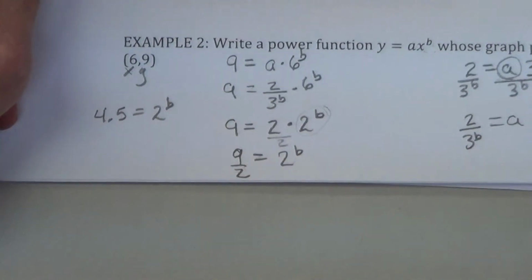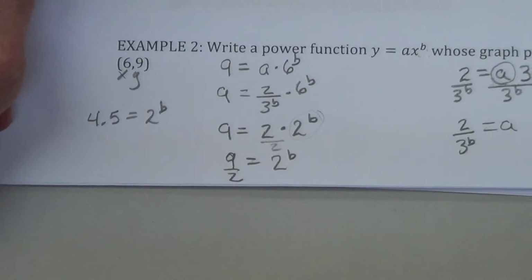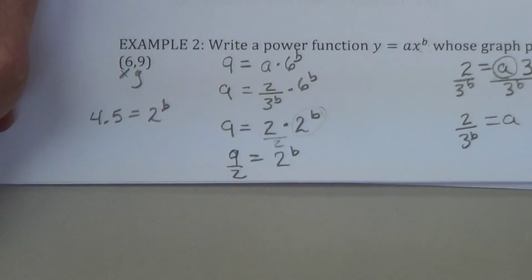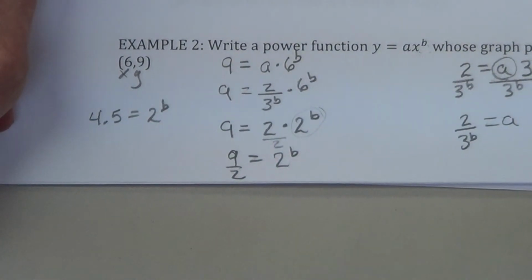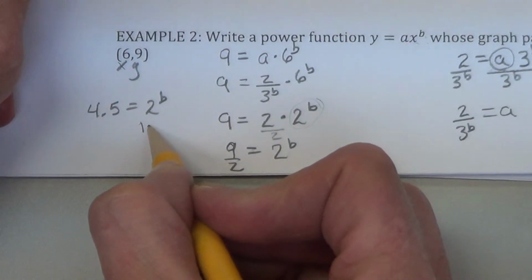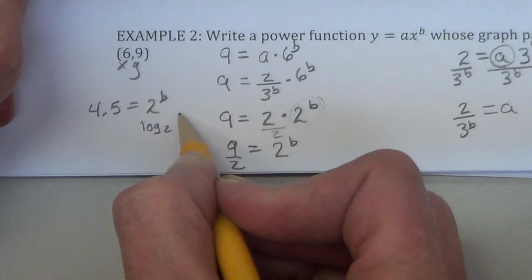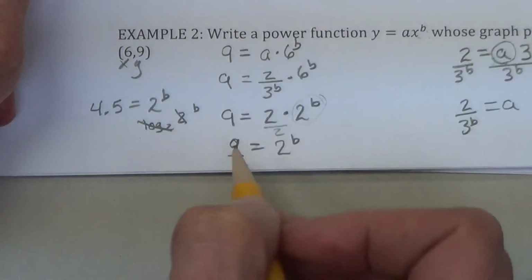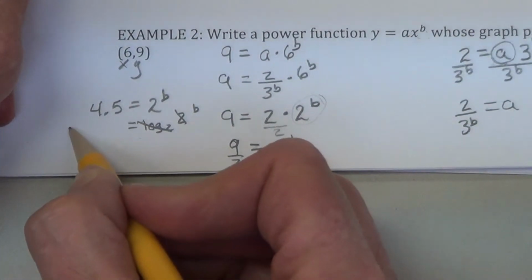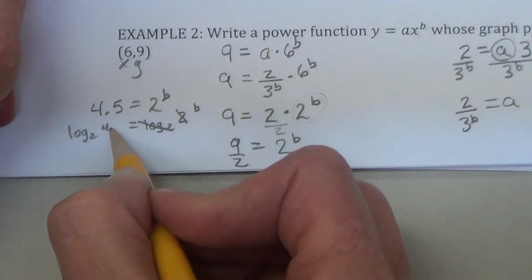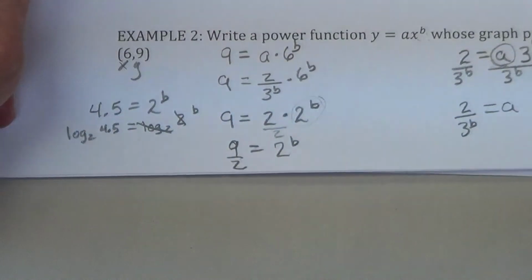We sit there and we kind of say, well, how can we get rid of that 2 to the b, or get rid of that 2 at least on the 2 to the b? Brings back our logs. We have log 2, then we could get rid of the 2. Couldn't we? Equals log 2 of 4.5.